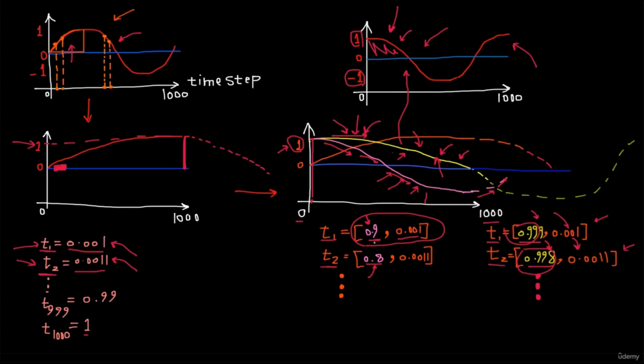And now when our neural network sees this value 0.9, it will be certain that it is time step 1, because now the difference between time step 1 and time step 2 is more clear for our neural network. Okay, that's the main idea behind positional embedding vector.